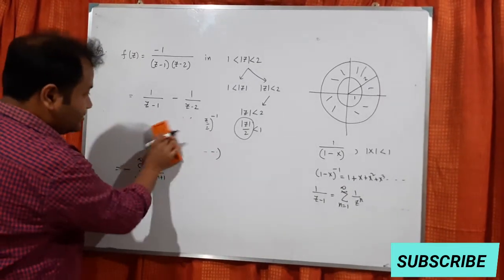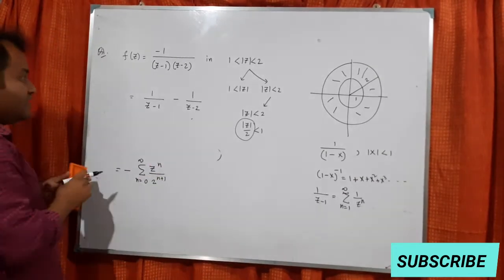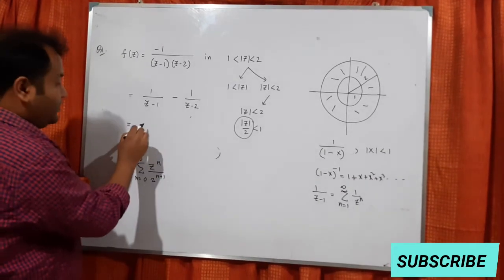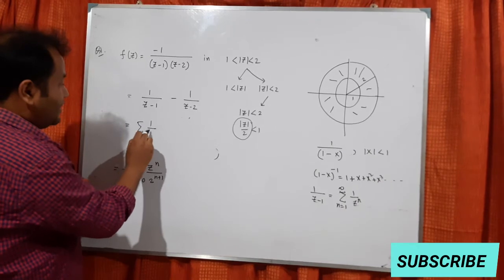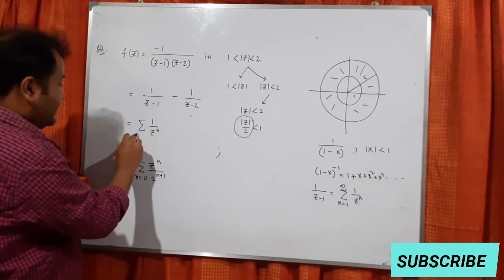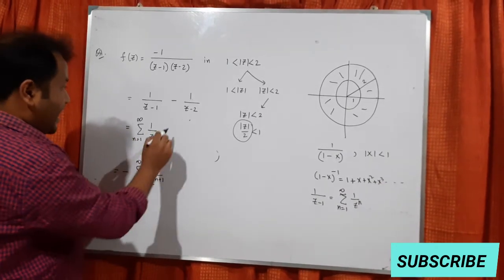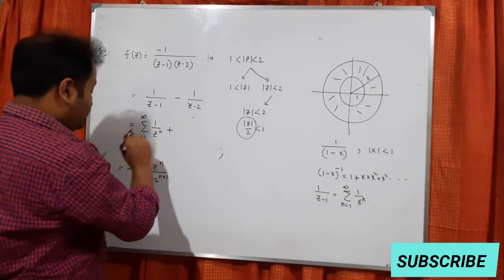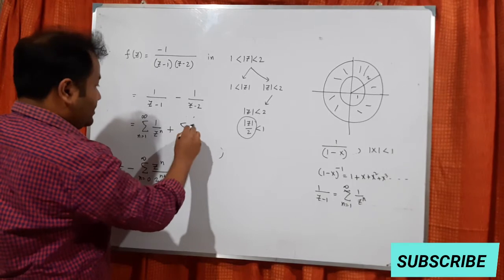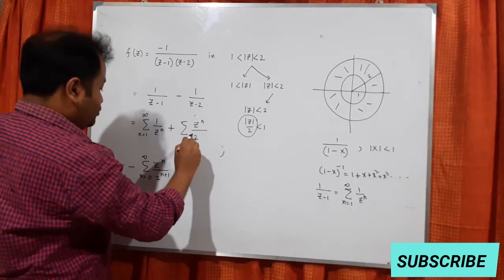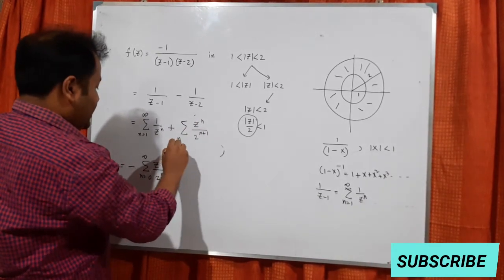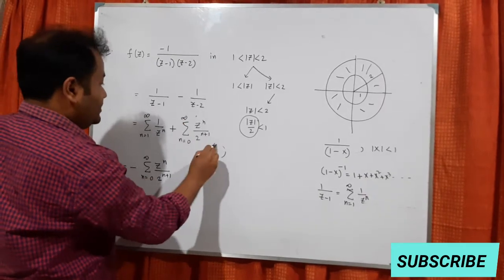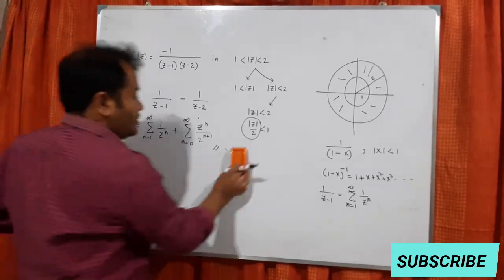So I got both of these, so the Laurent series expansion will be summation 1 by z to the power n, n equals 1 to infinity, and minus of this one, so the other minus makes it plus, summation z to the power n by 2 to the power n plus 1, n equals 0 to infinity. That is the final answer.